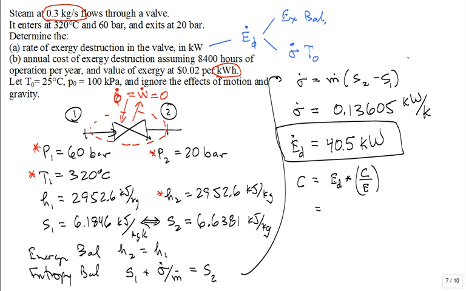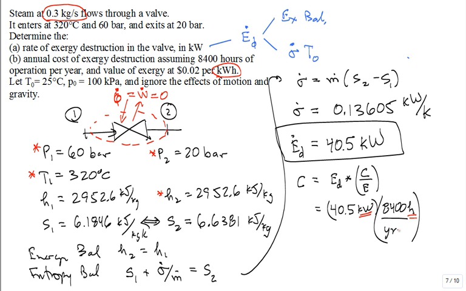So how much is being destroyed per year? Well, it's going at 40.5 kilowatts, and that's going for a total of how many hours? 8,400 hours per year that steam is flowing through that valve. It's like it's running all the time, okay?